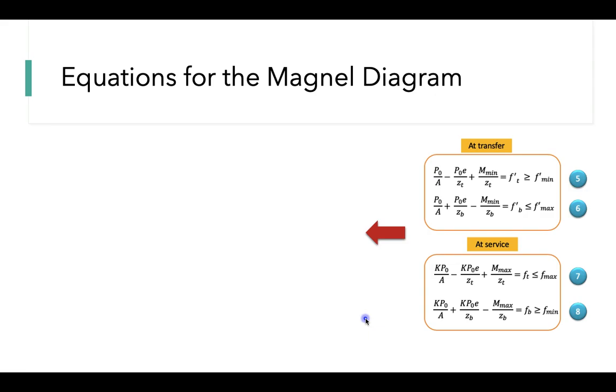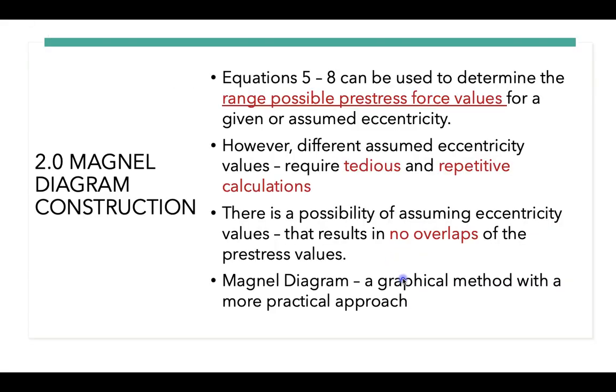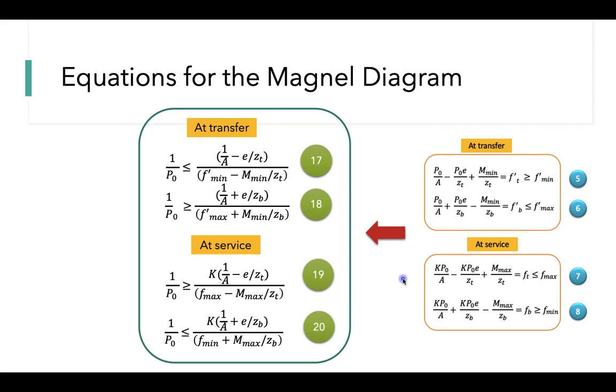As for the equations for the Magnel diagram, we are going to use similar equations to those used previously. Equations 5 to 8 are the equations we used to determine the values of P naught, and from these we develop the equations for the Magnel diagram, which are equations 17 to 20.